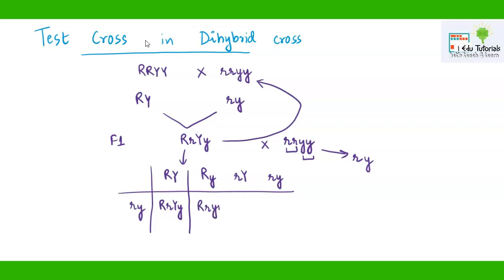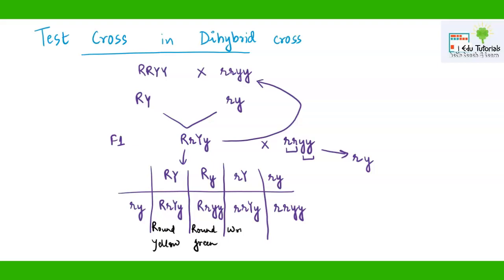So this is small r, small r, capital Y, small y, and then we will get small r, small y, small y. If you write their expression here, it will be round and yellow. This individual will be round and green.